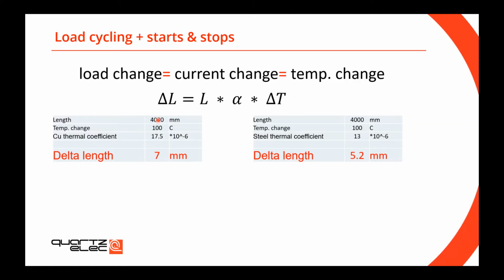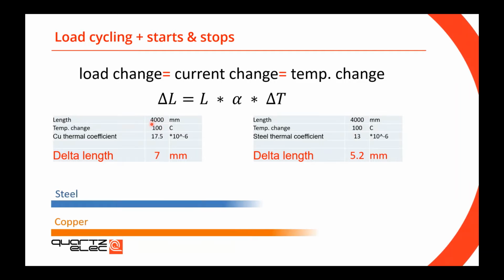So the left-hand side, let's assume that the length of the copper is 4 meters, the temperature change is 100 degrees, and the delta length, which means the change of copper length calculated, is 7 millimeters. If you do the same calculation for steel, you're going to end up with around 5 millimeters. So you can see that 2 millimeters difference between two different materials. Now imagine that every time you stop the machine, it goes down to the ambient temperature, say 20, 30 degrees.